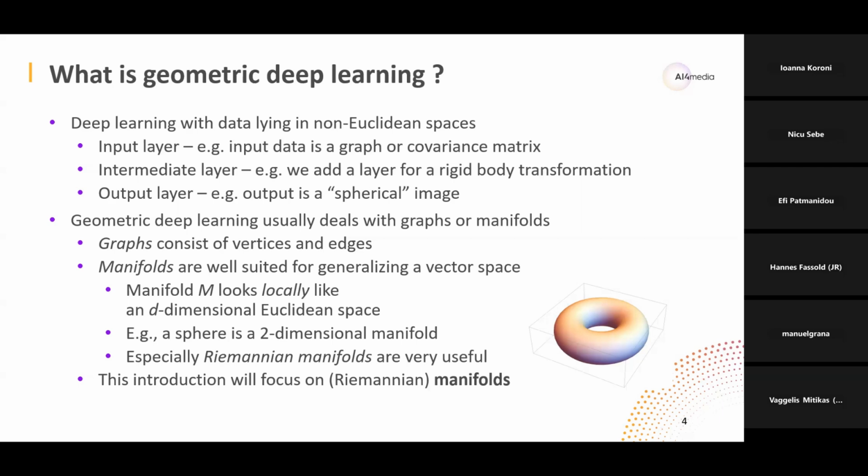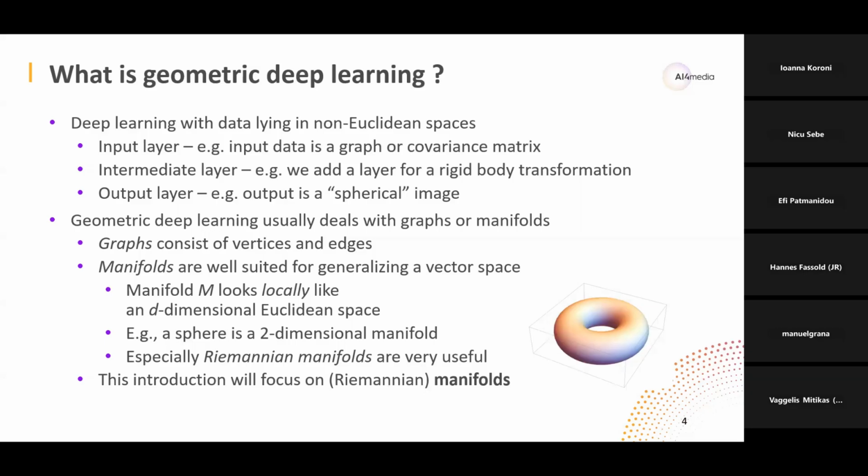Or you can have the input normally in a Euclidean space, but you have to add an intermediate layer in the network for things like a rigid body transformation, which is, as I mentioned, very useful for all sorts of 3D photogrammetry problems. Or you have it on the output layer. So for example, if the output is this spherical image.